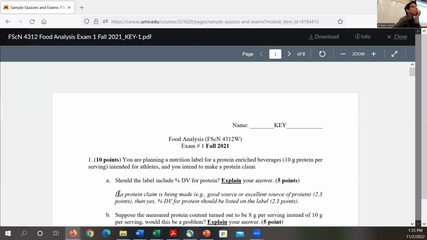Where do you find the limits for the claims? What reference did you use to find the dietary claims for the nutrition label? Yeah. Remember in that first lecture, I put a couple of slides there and I said in the fourth edition of the textbook, they have those.